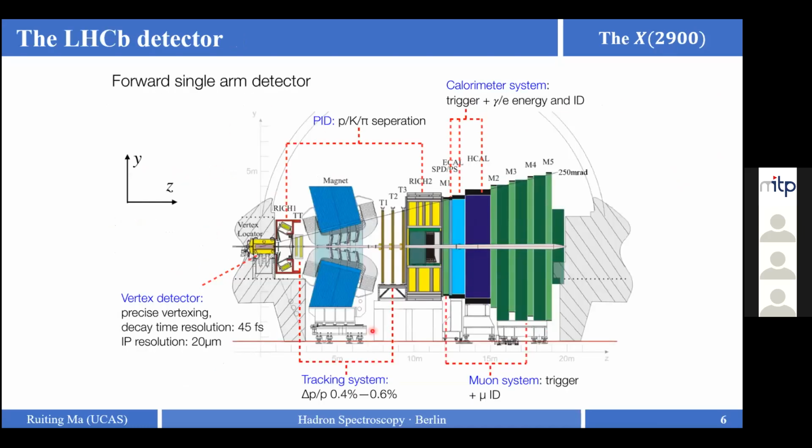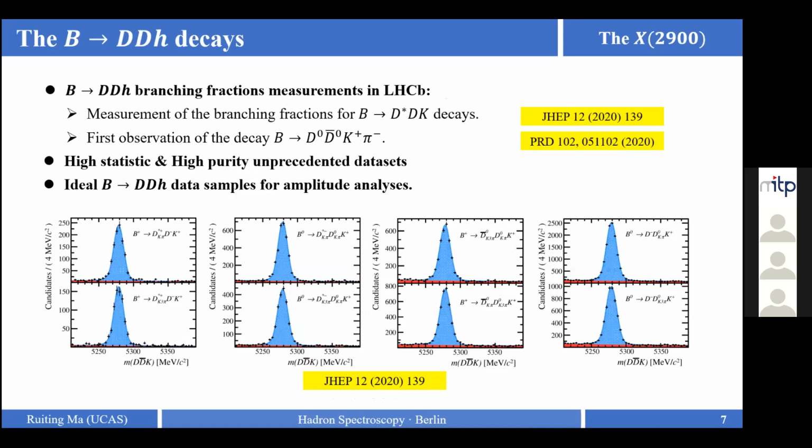This plot is the structure of the RCP detector, but I would like to skip the details to save time. Up to now, there are two published B→DDh branching fraction measurements in the RCP collaboration: the measurement of the branching fractions for the B→D*DK decays, and the first observation of the decay B→D0 D0bar K pi.